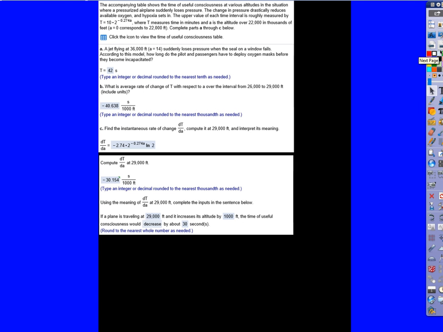So here's the last thing for today. We looked at an exponential with a base other than e. Let's look at a log.